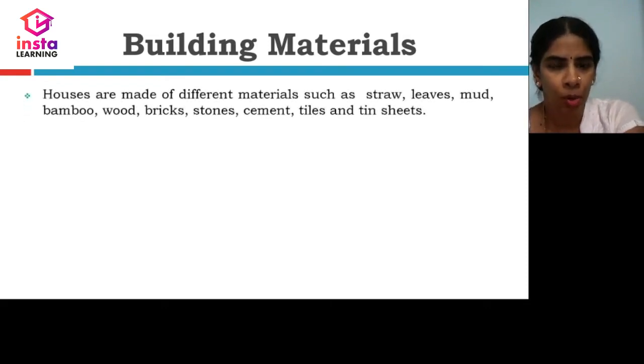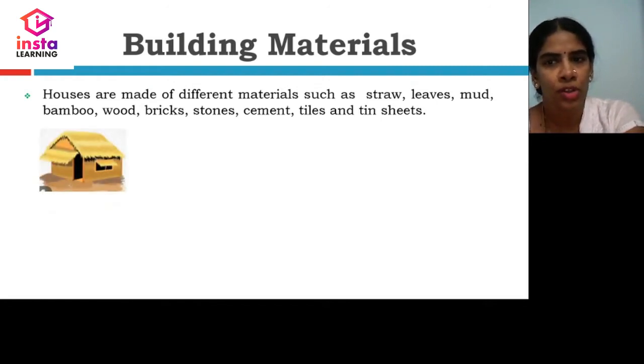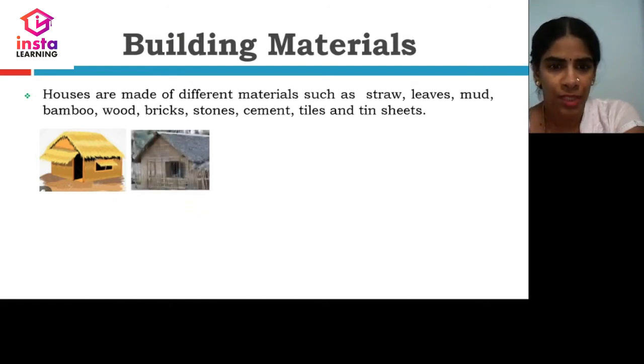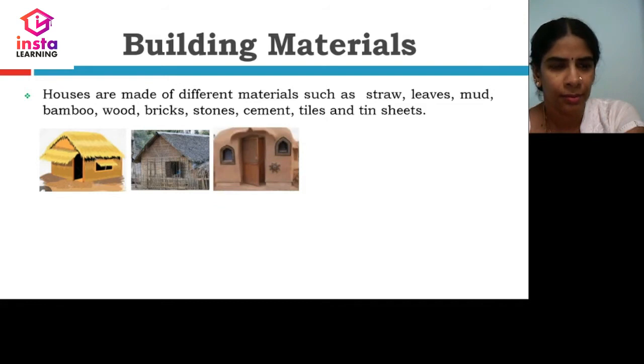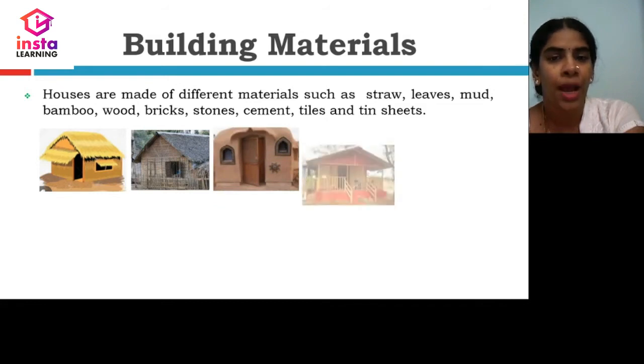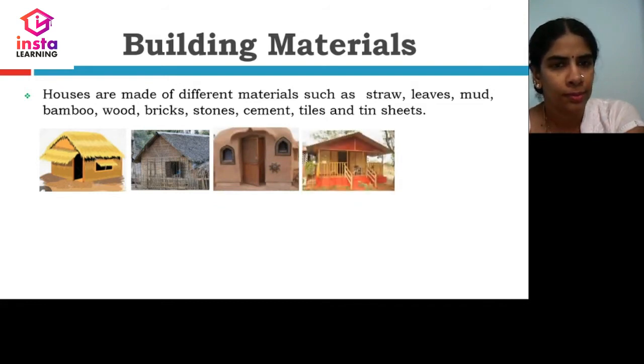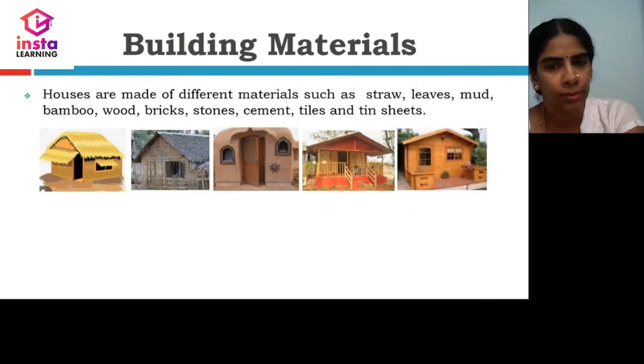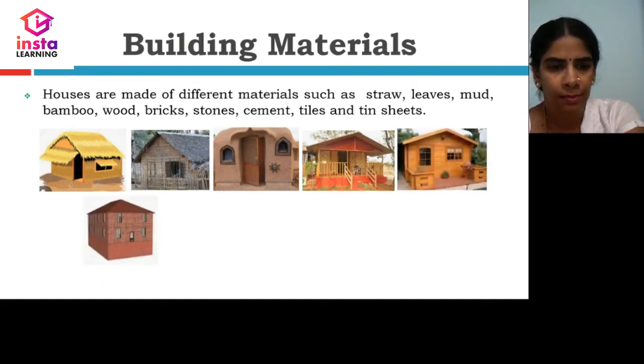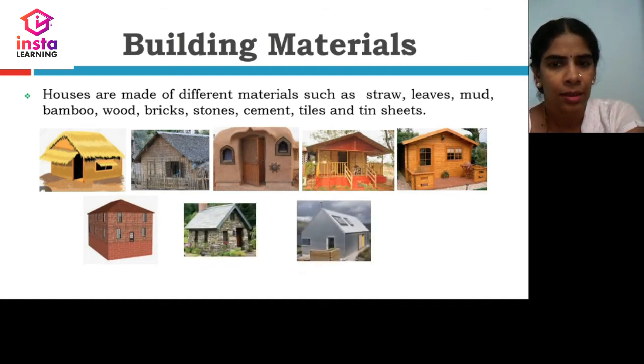Houses are made up of different materials such as straw. You can see the house made up of straw, leaves, mud, bamboo, wood, bricks, stones, cement, tiles and tin sheets.